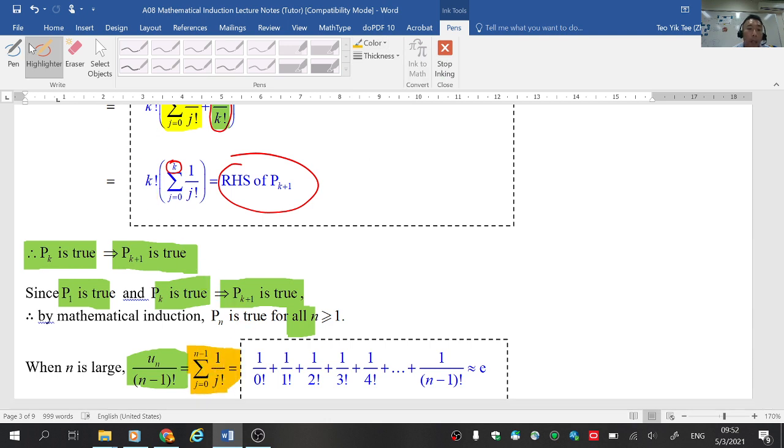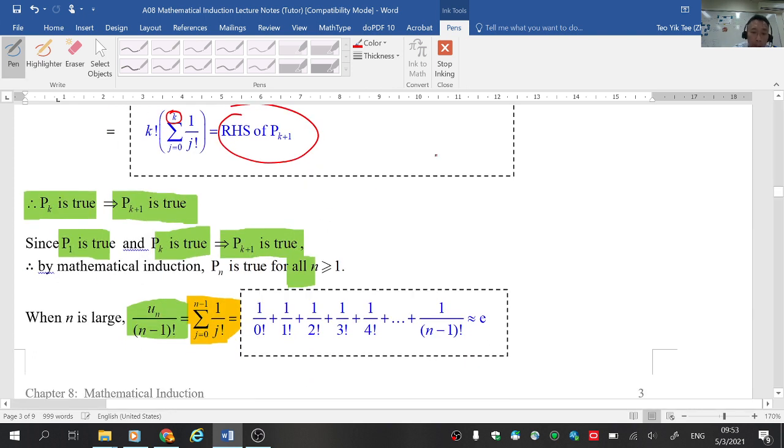Then expand out this section in orange, and you realize it's 1 over 0 factorial plus 1 over 1 factorial, blah blah blah. I can't say how I'm going to teach you to do this, but this is one of your special results from your Maclaurin's expansion. You can see it from MF26, the expansion for e^x. So in this case, it's actually e^1, the Maclaurin's expansion for e^1.